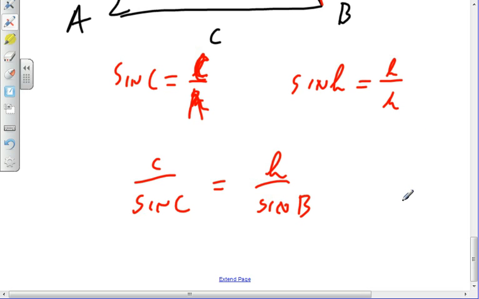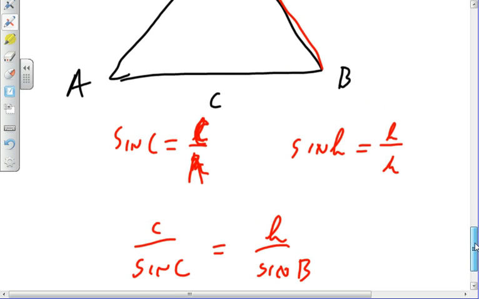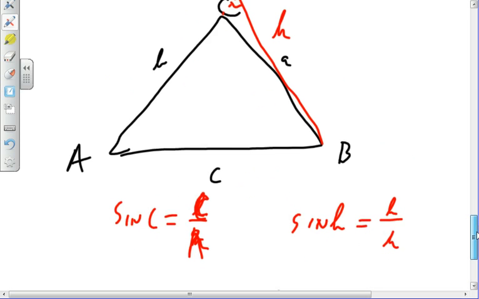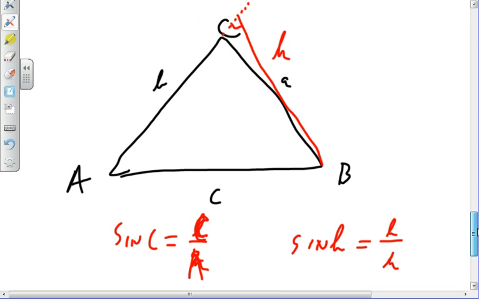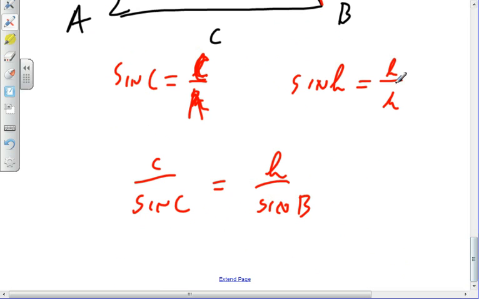So the H's are different. Sine C is B over H. It's purposely confusing. But in both those examples, the H was different.